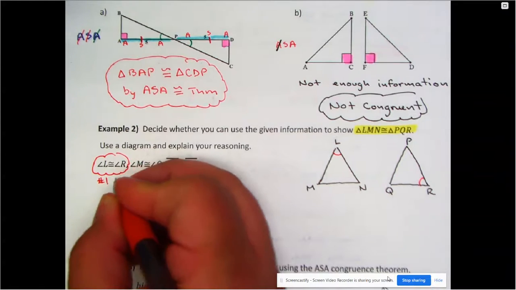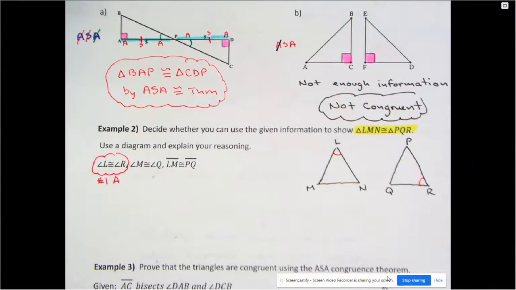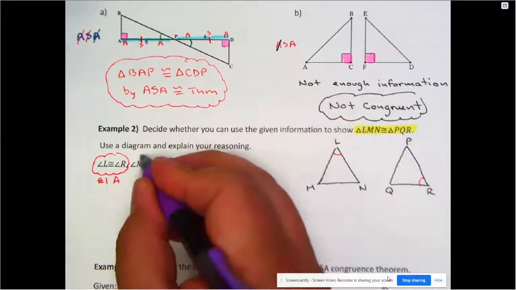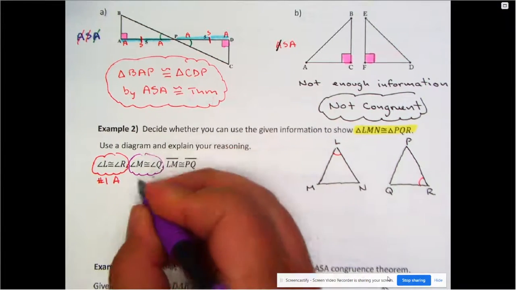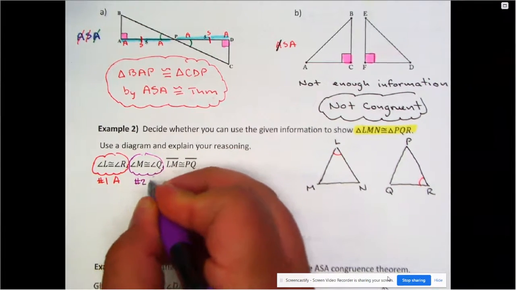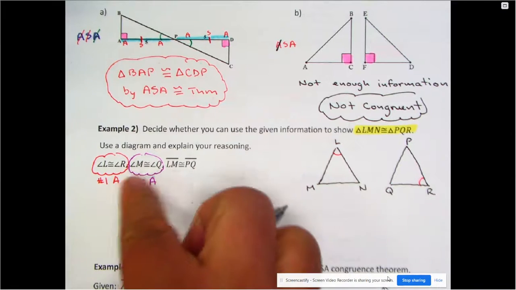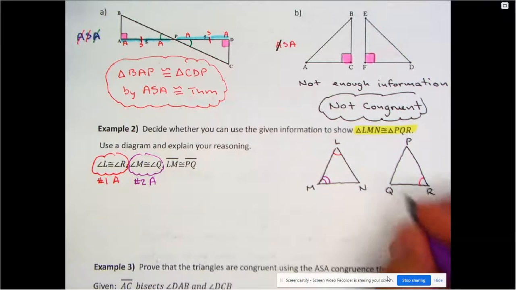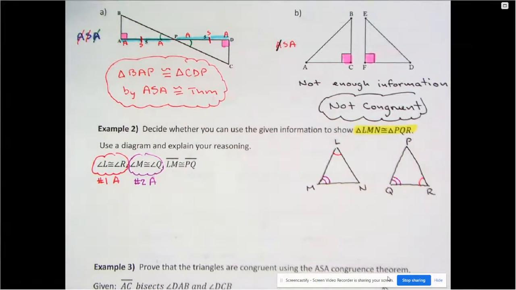Piece of information number 1 turned out to be an angle. Piece of information number 2, we look at that symbol and we see that it's going to be another angle again. So piece of information number 2 is another angle. So I'm going to mark angle M, but I'll double mark it because it's a new one, and angle Q, which I'll also double mark. All right, not bad. We have 2 angles.